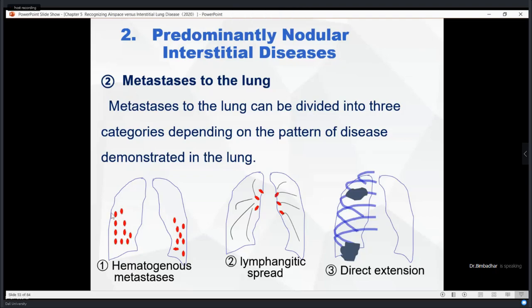Hematogenous spread usually happens from the periphery to the center, because any lesion that is involved with the blood vessels will show up along the bases and from the periphery to the center.